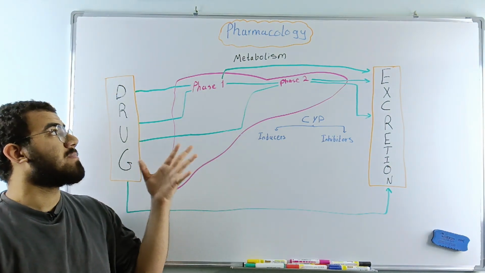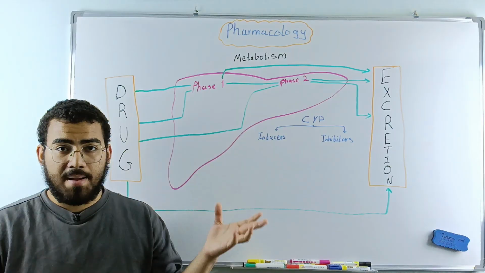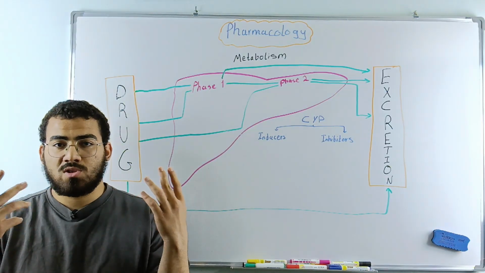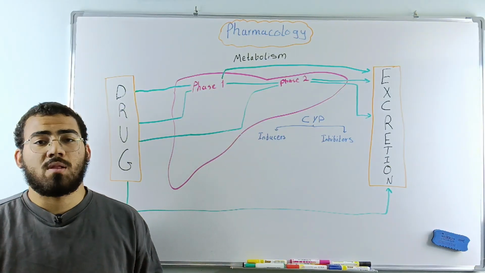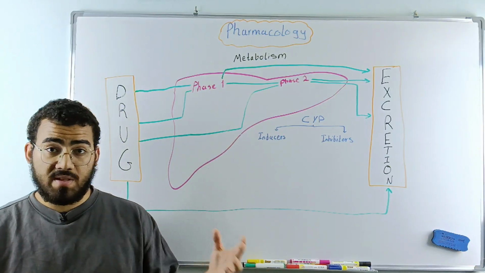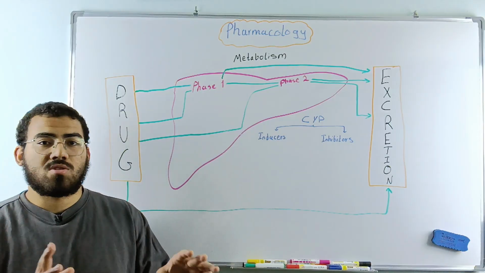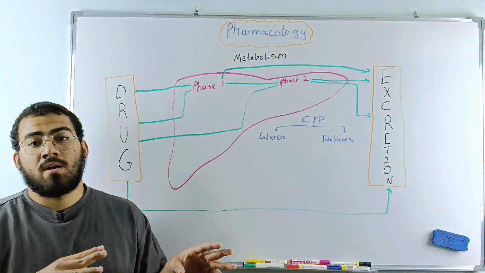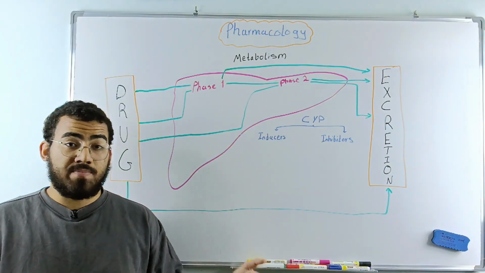First of all, let's begin with the definition of metabolism. Metabolism is simply the way that your body reacts to certain substances entering your body. For example, if you're administering a certain drug for a specific medical use, your body is not just going to let this drug or substance pass by saying hi to all of your organs and do nothing about it.